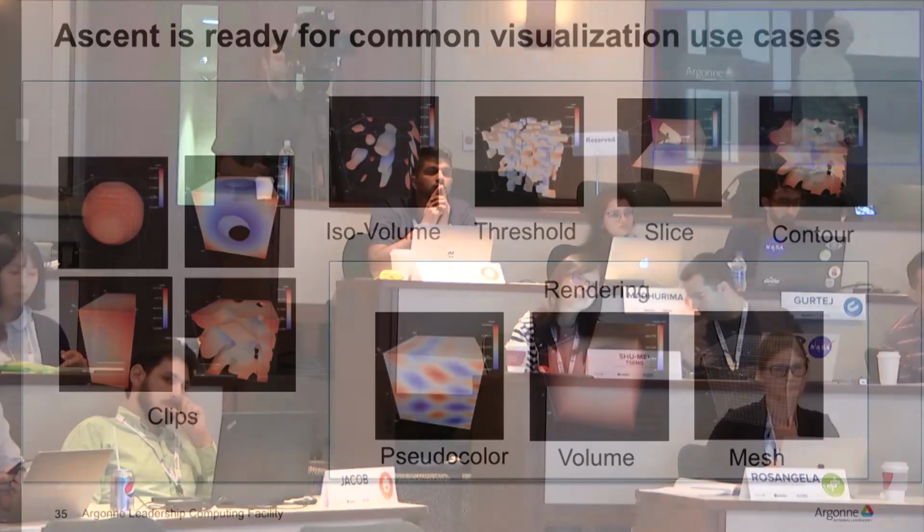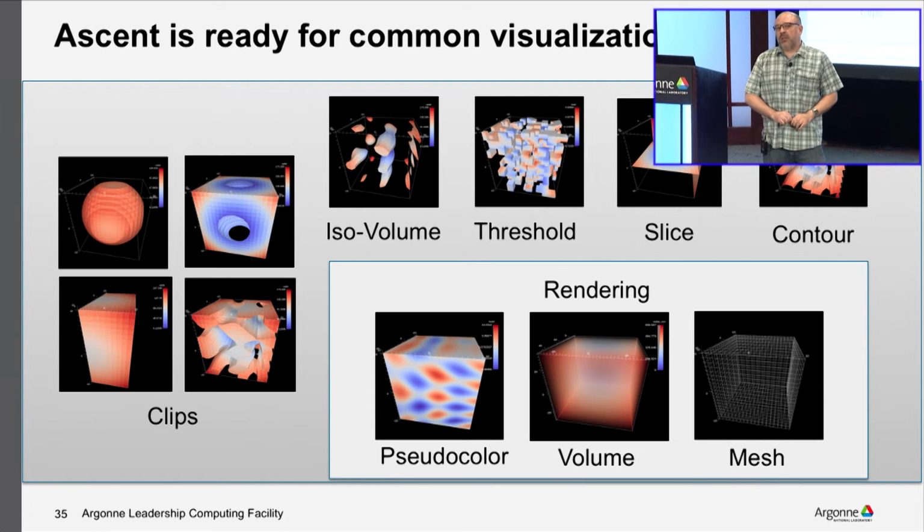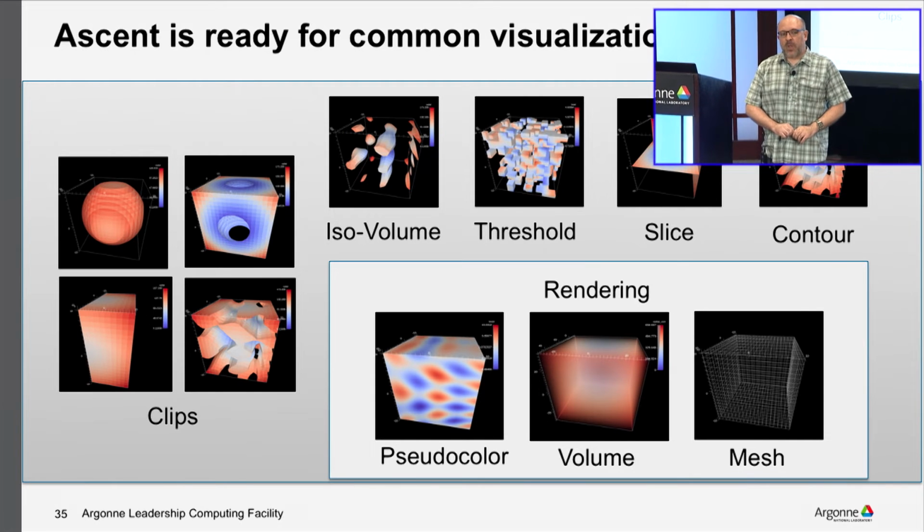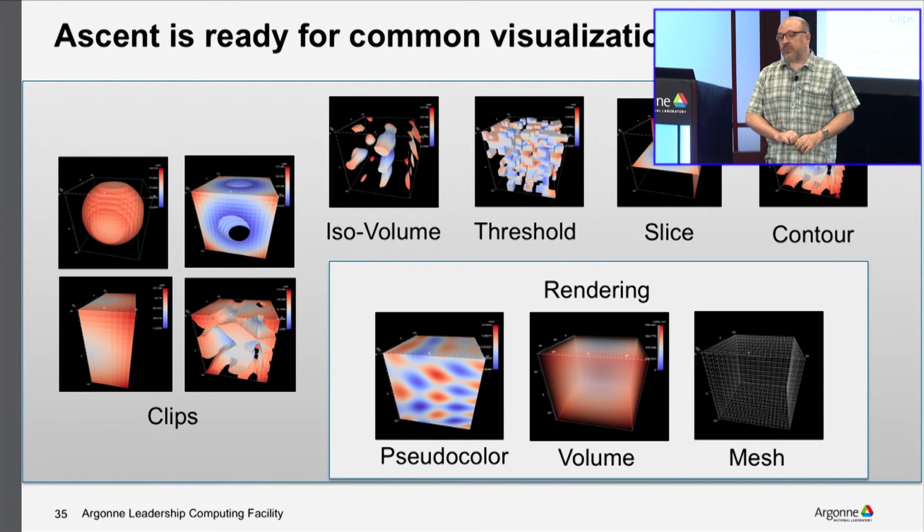So the question is about differences between SENSEI and Ascent, and they're different. One of the things is that Ascent tries to be lightweight in everything, right? And it uses mainly VTKM for its analysis. And SENSEI is different. They try to provide different backends, including VTKM, right?